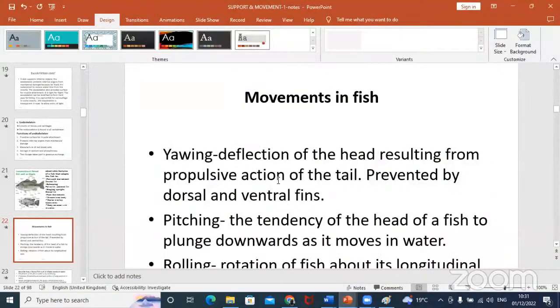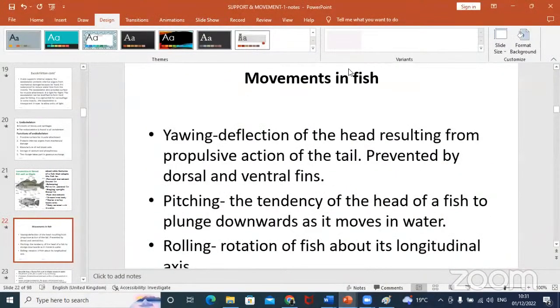The deflection of the head as a result of the propulsive action of the tail. And this is prevented by the dorsal and the ventral fins.